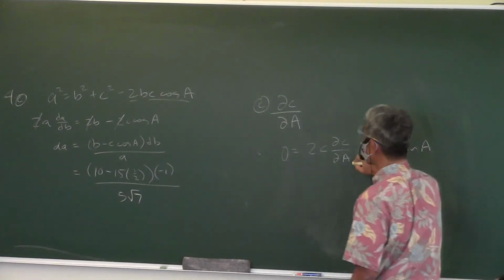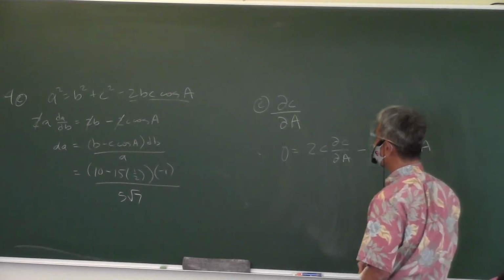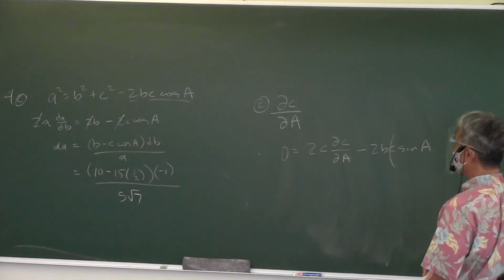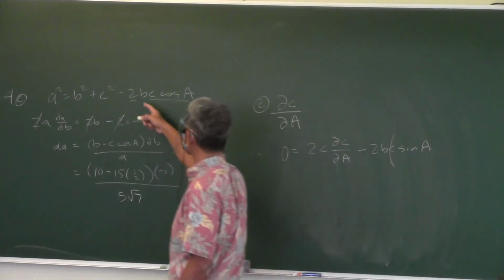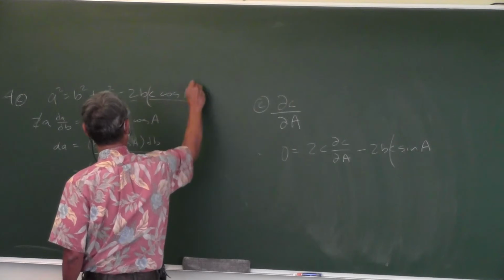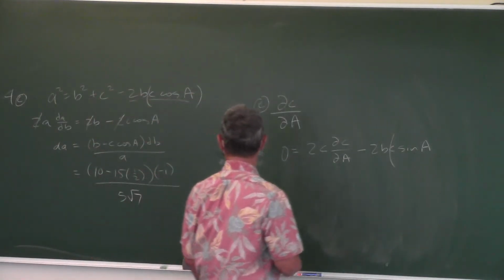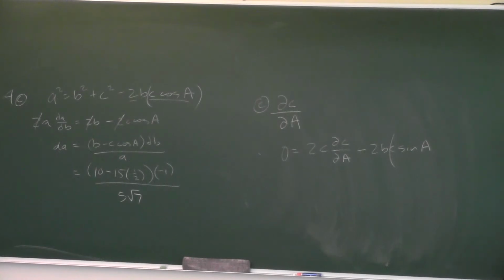Oh wait, isn't this a minus right here? No, it's plus because if you take the derivative. Why don't we just leave it minus and then you just take the derivative of this? But B is a constant, right? So just do it like that. You know what I'm talking about? Wait, I got plus.